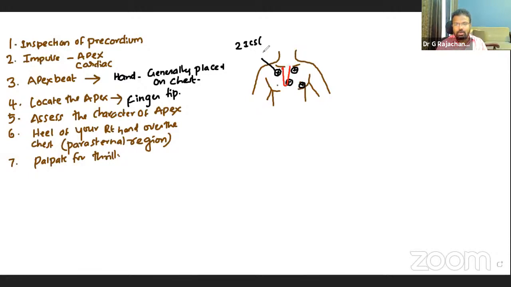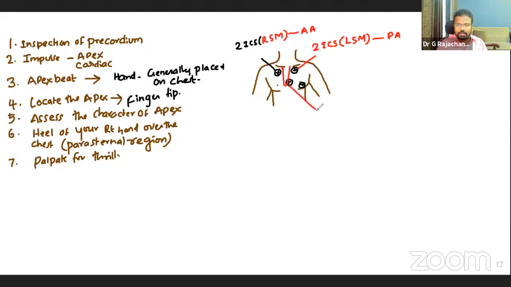This margin is called the right sternal margin. The 2nd intercostal space, right sternal margin, is actually the aortic area. Now here you see this particular one. This is also the 2nd intercostal space, and this is the left sternal margin. This is called the pulmonary area.